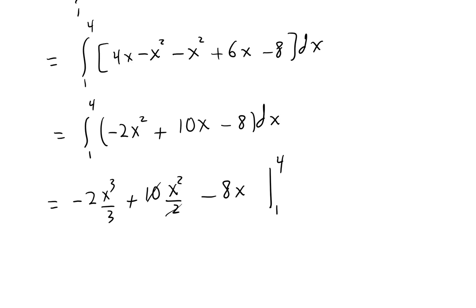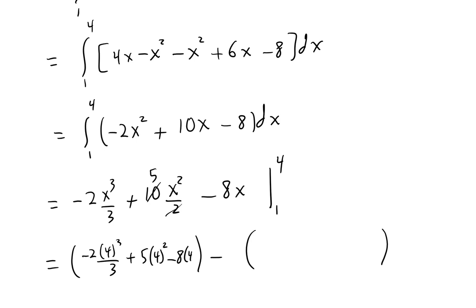You can reduce this to make it 5. Now we open two parentheses separated with a negative sign. We substitute the 4 in, so you get negative 2 times 4 to the third over 3, plus 5 times 4 squared, minus 8 times 4.